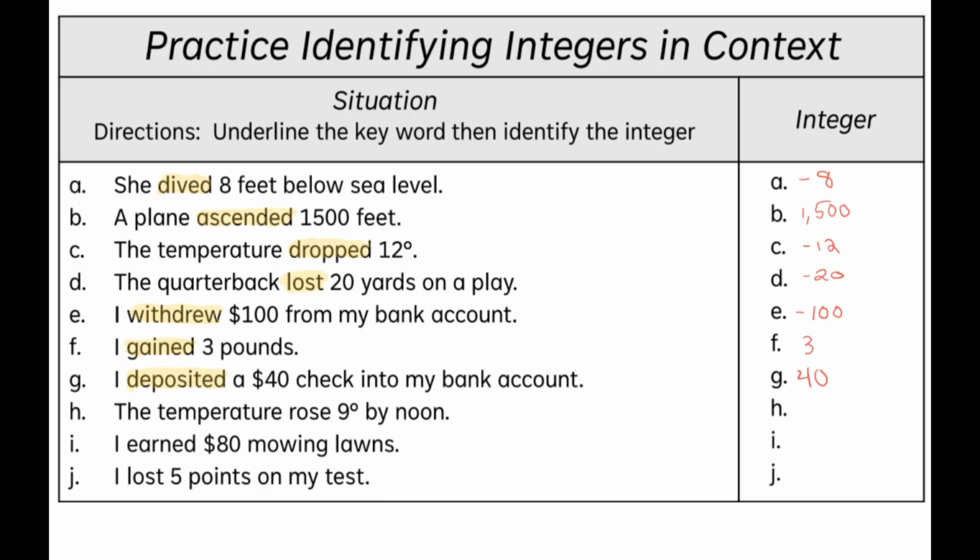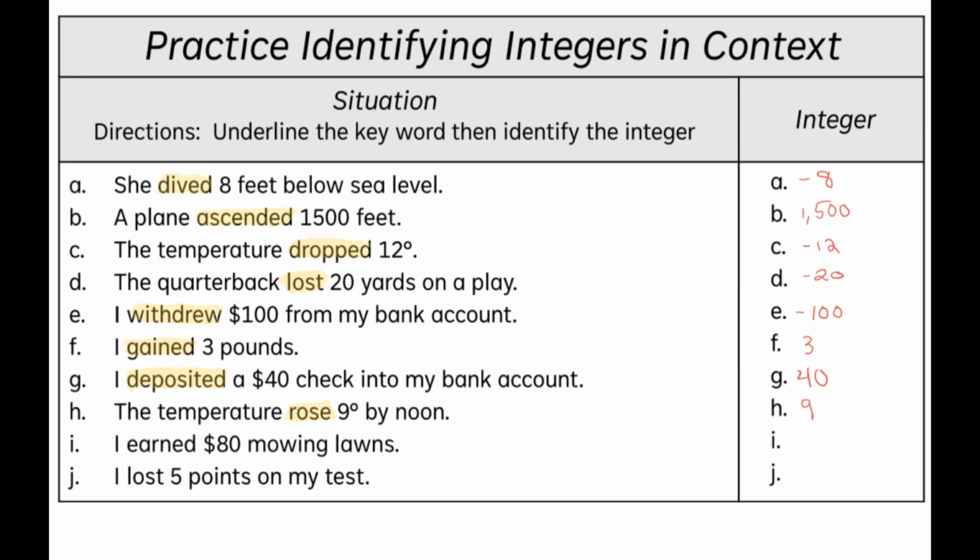Letter H. The temperature rose 9 degrees by noon. Your keyword is rose, meaning it increased. That's positive. So our answer is a +9. Letter I. I earned $80 mowing lawns.